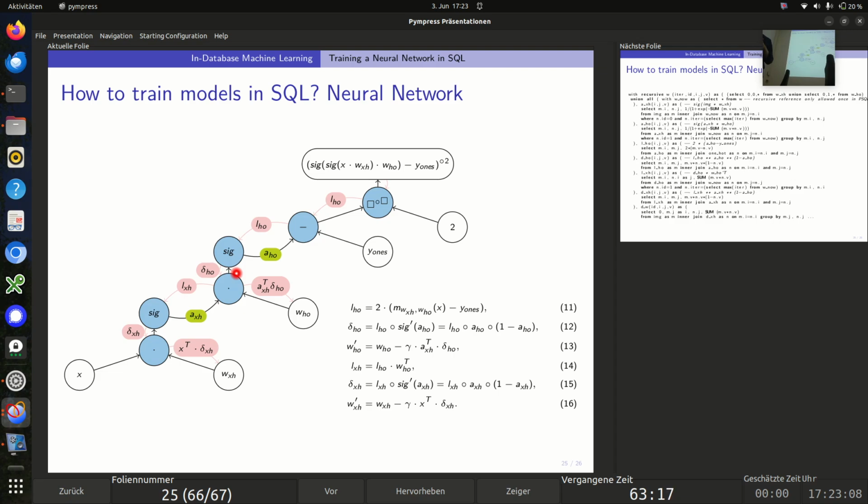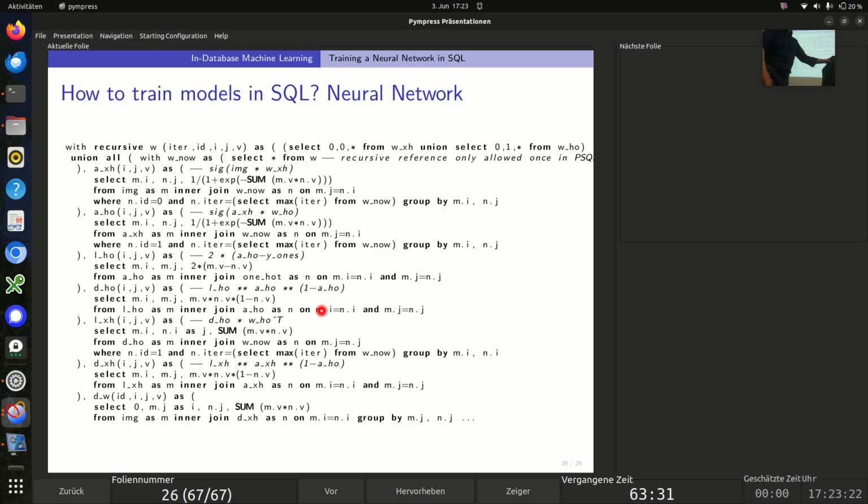There's a book where you can find them, and that's how we can apply it to every layer and get the derivatives for all weights. At the end, we end up with one big recursive statement where we have the initial weights, and then we calculate the partial derivatives for every layer. It's a bit of what my research is, and making this fast.